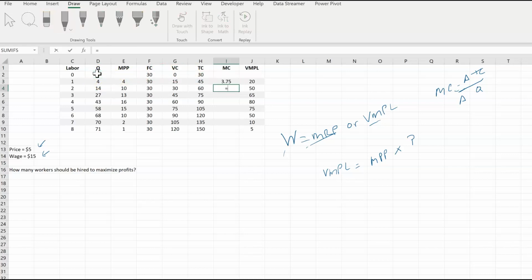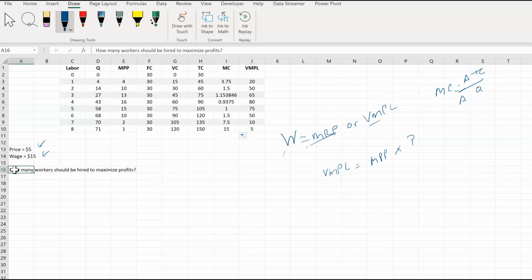I'm going to do it one more time, and then I'm going to autofill that down. Okay, that's marginal cost.